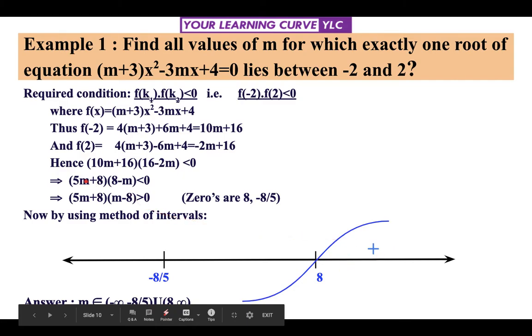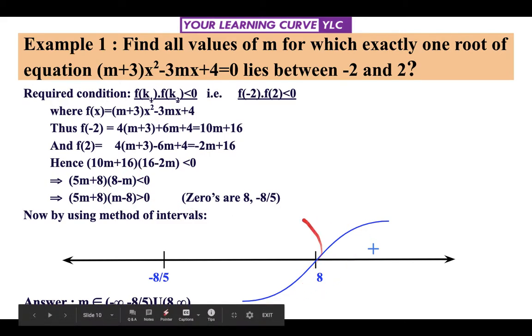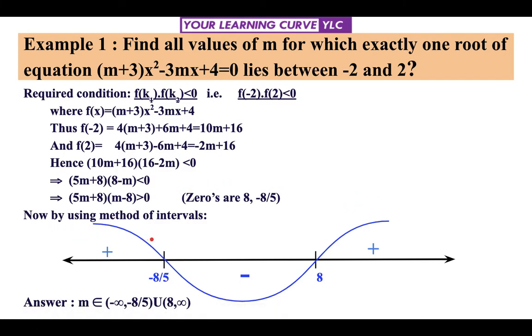Then since both the exponents of these factors are odd, that is 1 and 1, we will change the sign whenever we are crossing 8 or -8/5 or any number plotted on the number line. So positive, negative, then again positive. We require greater than 0. It means the first interval is minus infinity to -8/5 and the second interval is 8 to infinity. The intervals are minus infinity to -8/5 union 8 to infinity.